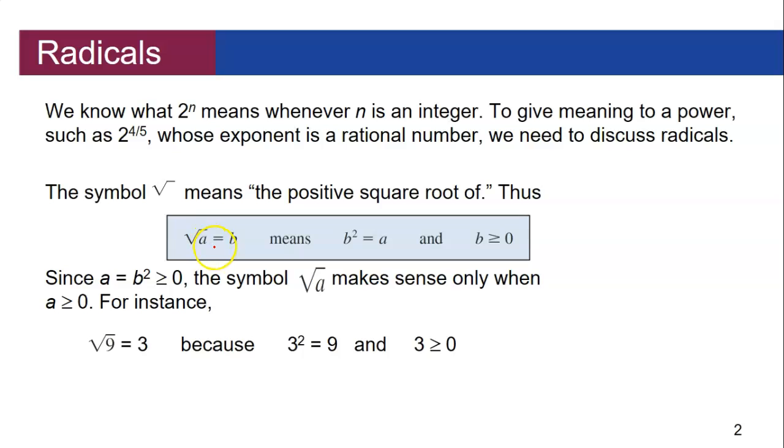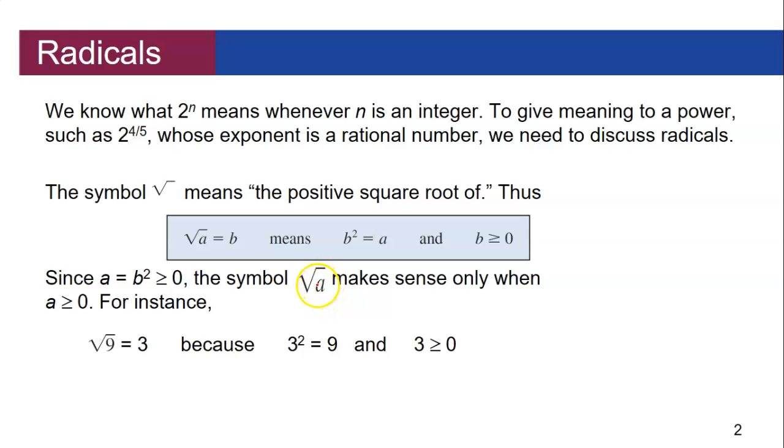So when we look at being able to translate these, if we've got the square root of a is equal to b, then basically what that's telling us is that b squared is equal to a. We get that just by squaring both sides here. When we're taking the square root, we need to know that a is positive.